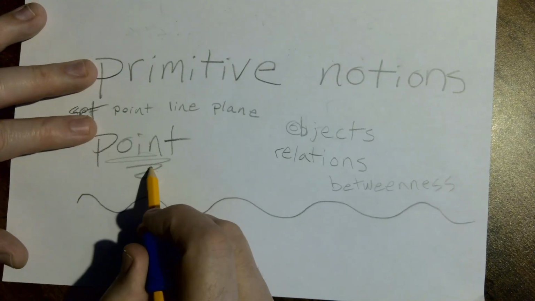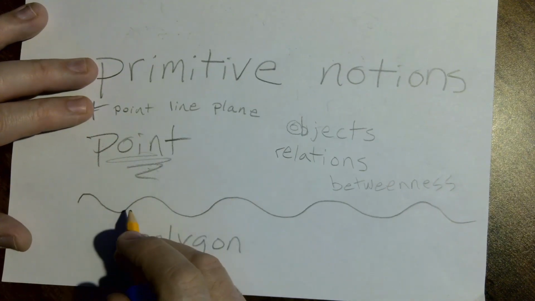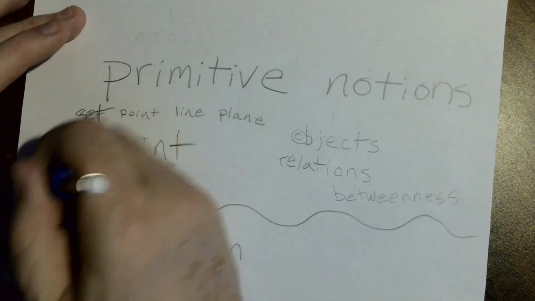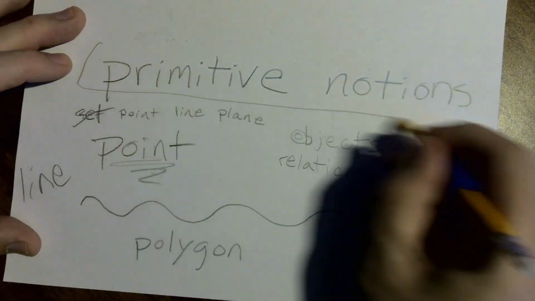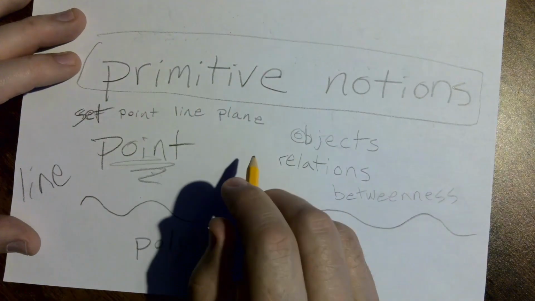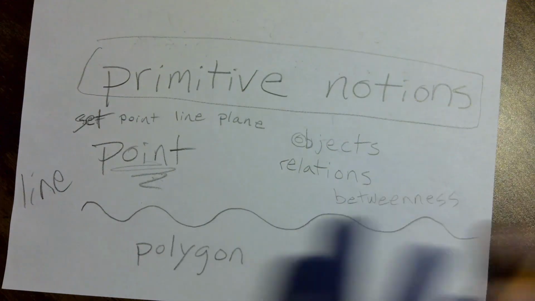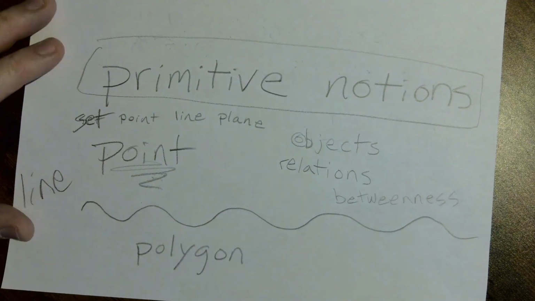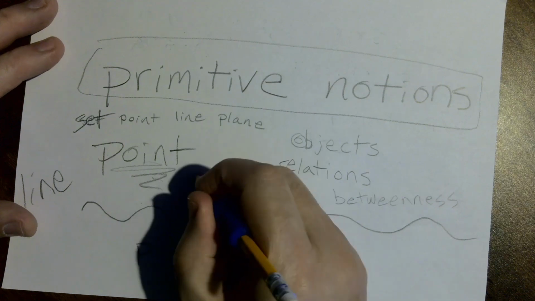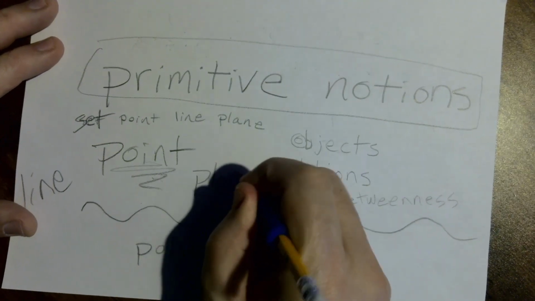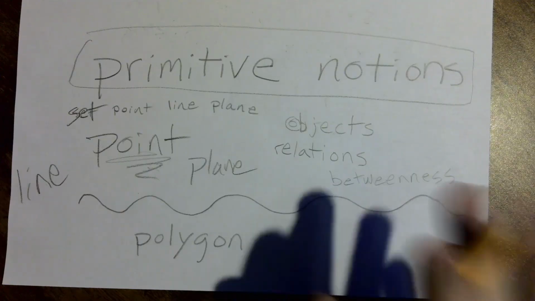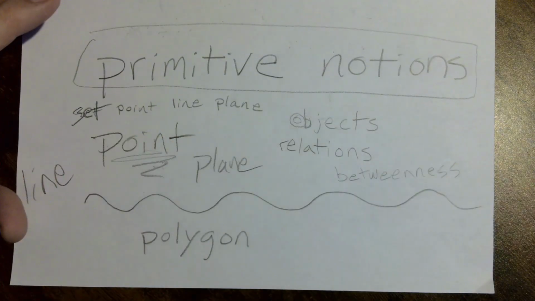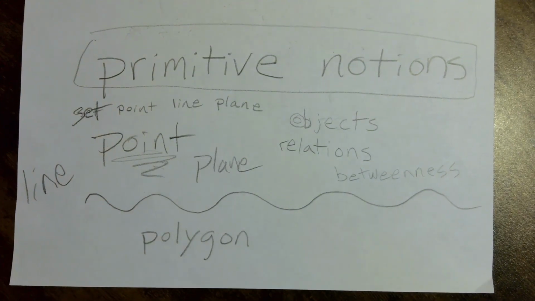Everyone in their mind has the same idea of what a point is. And the same goes for a word like line. These are primitive notions, the most basic ideas. Same with plane. That's a primitive notion. We aren't going to have a definition for that. We'll just agree to agree.